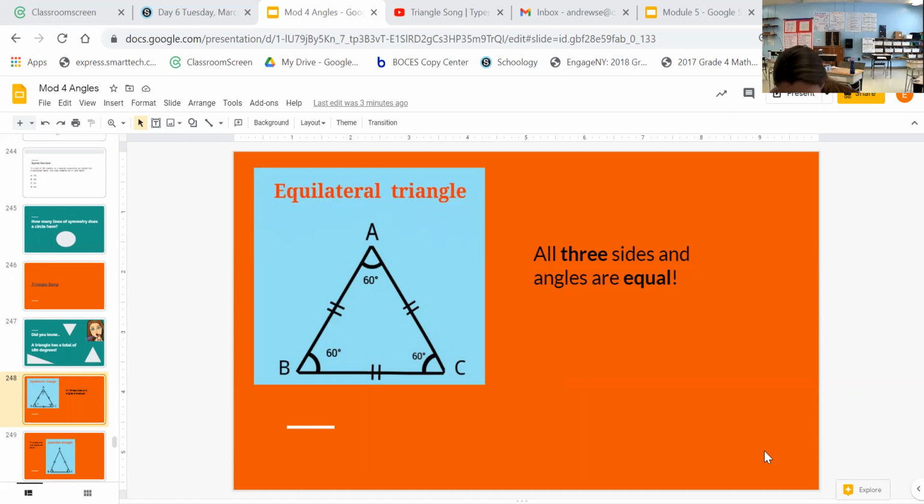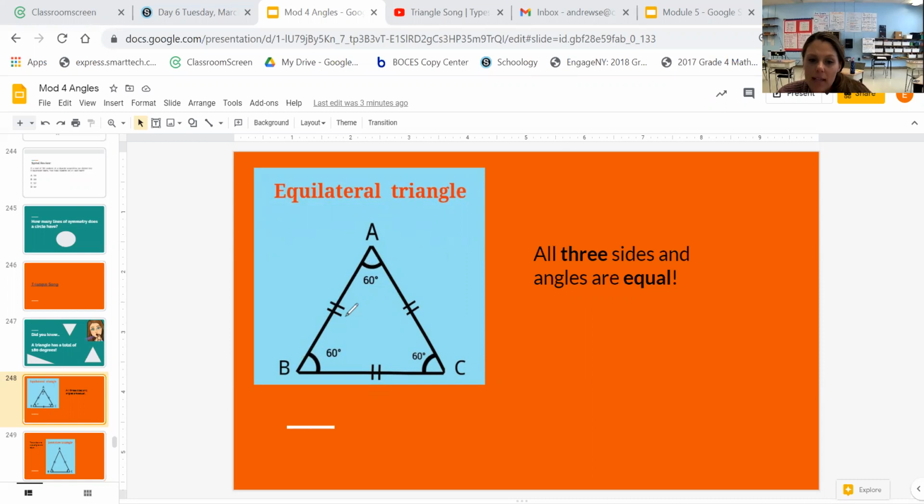equilateral triangle. I want you to notice the word equal. It doesn't spell it the same way that we spell it, but still, as a reminder, it has the word equal in it. We know an equilateral triangle has three sides, right? All triangles have three sides. It has three angles, and all three angles are the same. All three sides are the same. Well, how do we know?